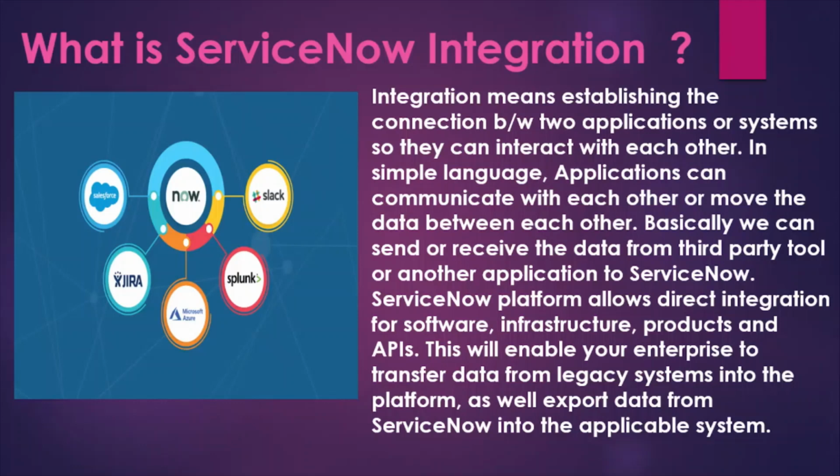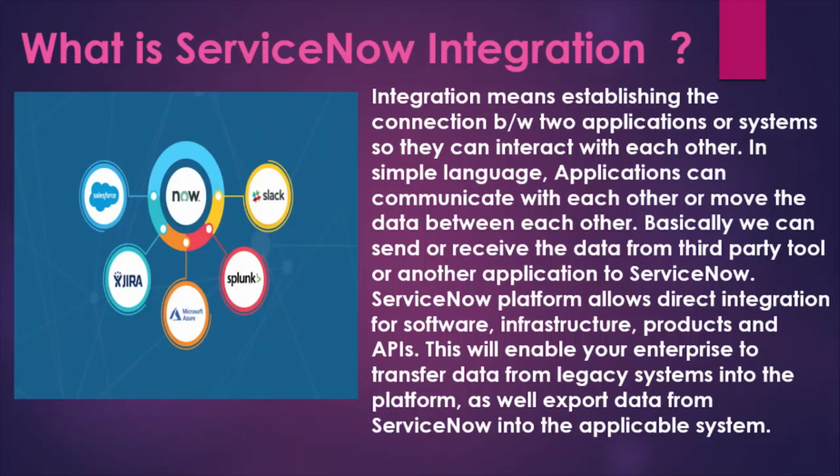And second, we can understand it this way. If there is any AD, Active Directory, we use LDAP and this kind of integration to read the data from AD. If any third-party tool is storing the user record and we want to see it from ServiceNow, how can we see that?